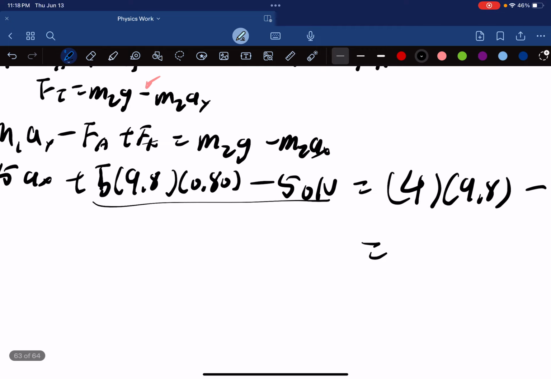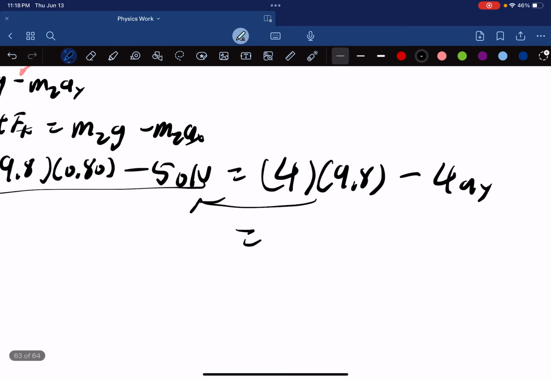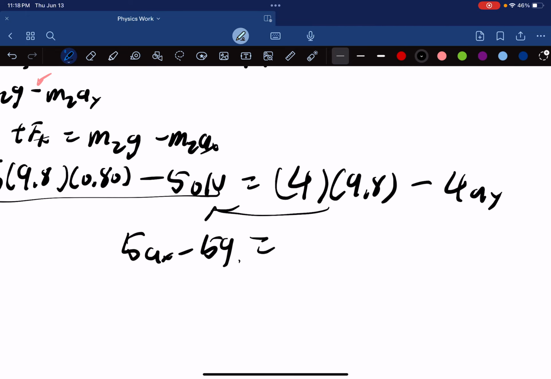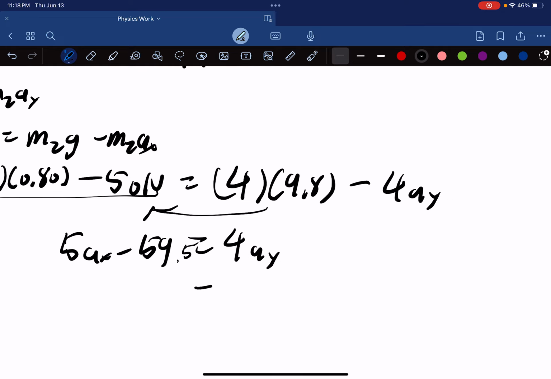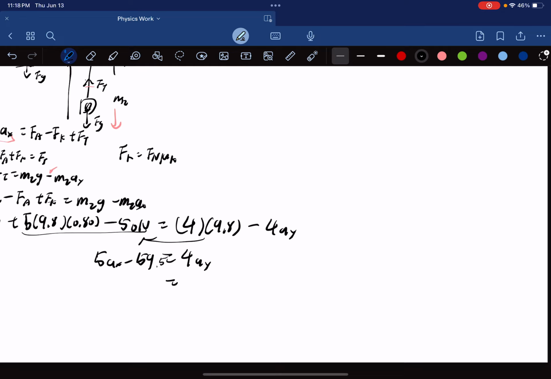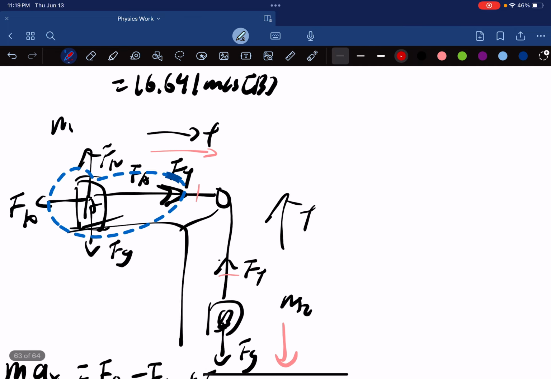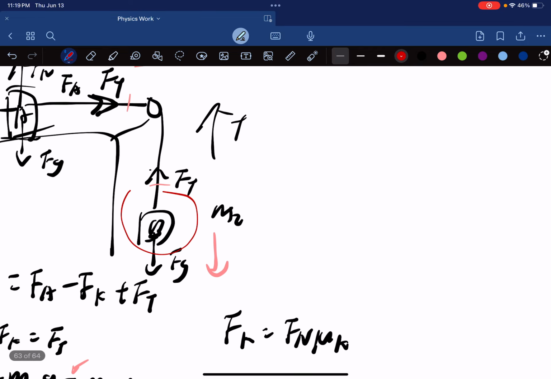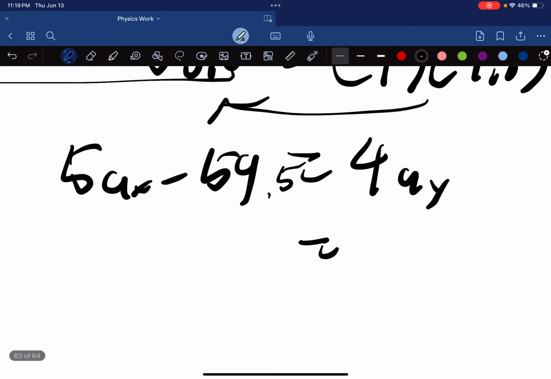Once you subtract all this part, as well as move this one to the right side, you get 5ax minus 59.5 equals 4ay. Now, because this is a pulley system, the magnitude of the acceleration on top is the same as this one.